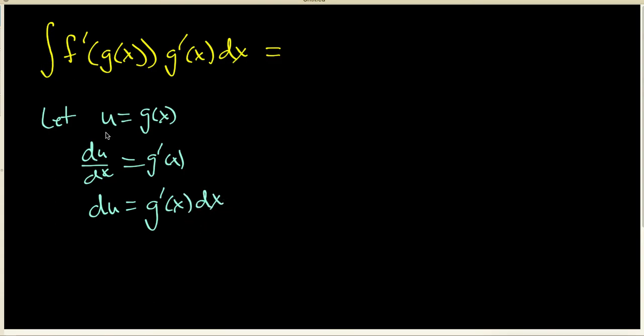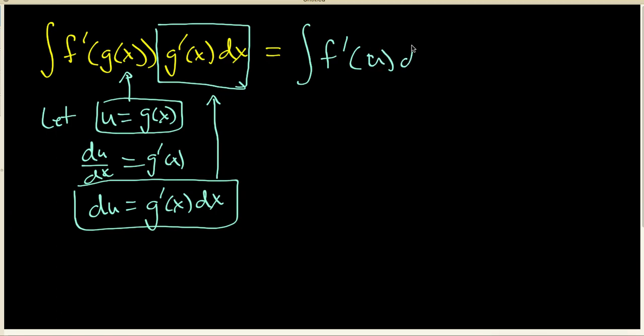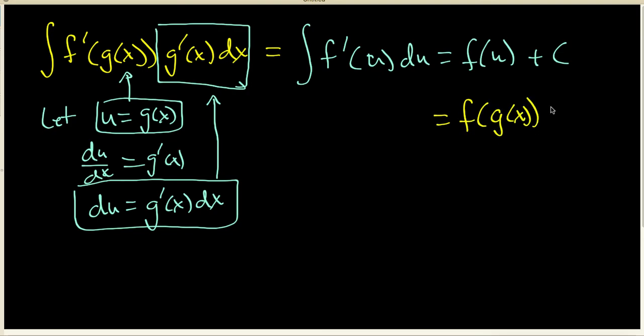I'm going to substitute these in for that integral. So the integral gets rewritten as the integral of f prime of u du, and the antiderivative of f prime is simply f evaluated at u plus any constant that we want to add, and now we back substitute. u was nothing more than g of x.